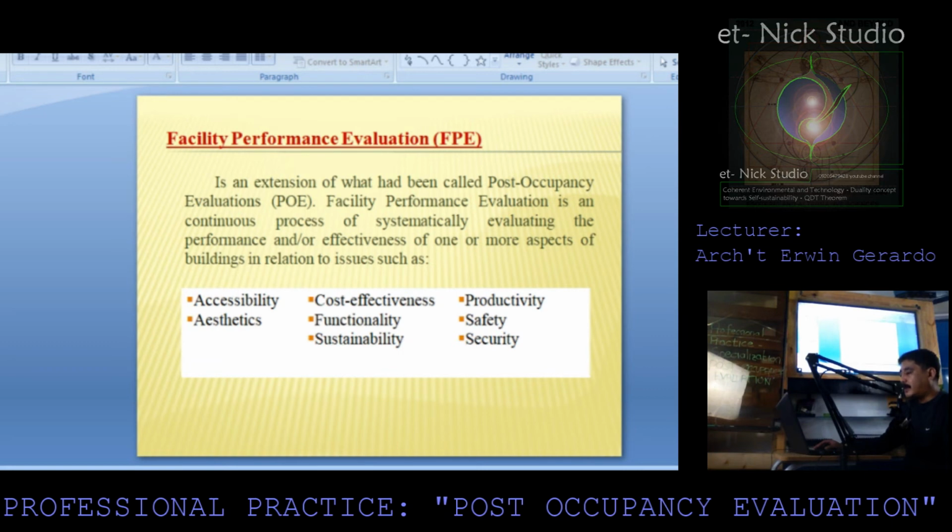Facility performance evaluation, known as FPE, is an extension of what had been called post-occupancy evaluation or PO.